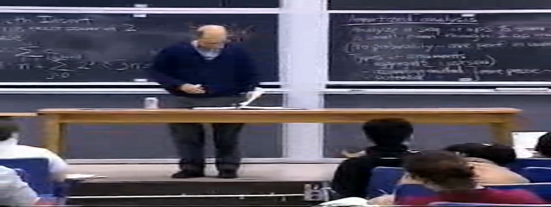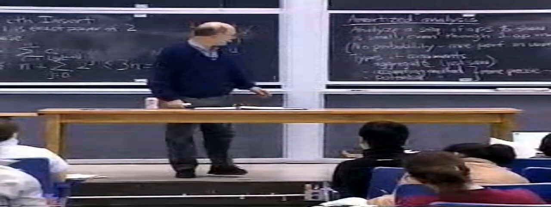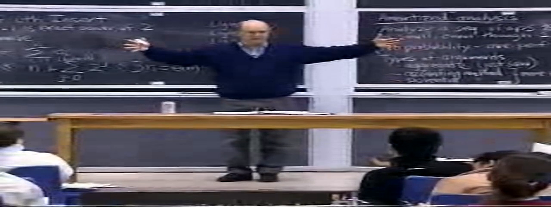So you're going to see that using the accounting method or the potential method is really a bit of overkill on the dynamic table instance.